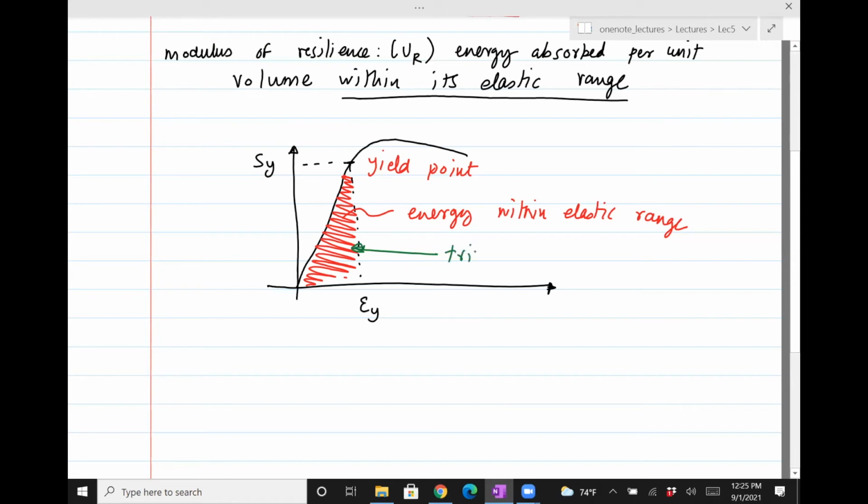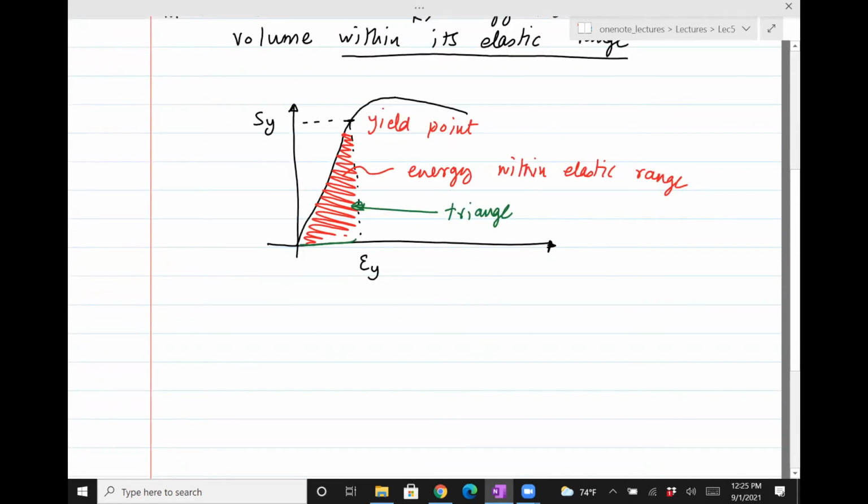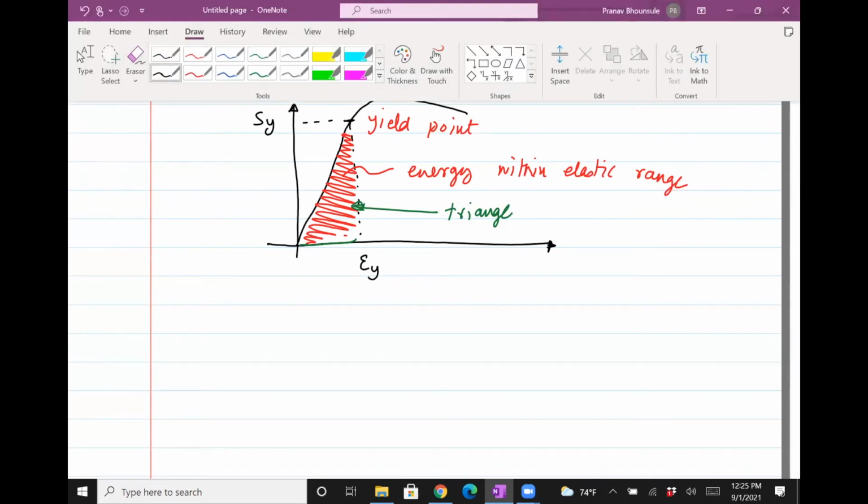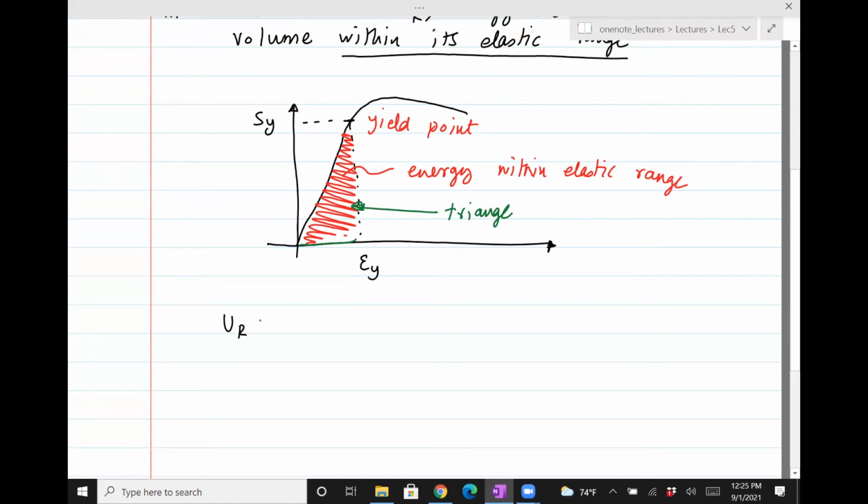It's clear that these two sides are horizontal and vertical, but then that curve here is actually a straight line, which is probably true to an extent, but maybe there's a slight curving, but we won't really bother. So if you assume that's a triangle, we just have to find the area of a triangle, and the area of a triangle is half base times height. So UR is half base times height.